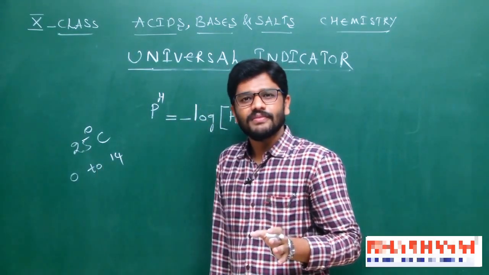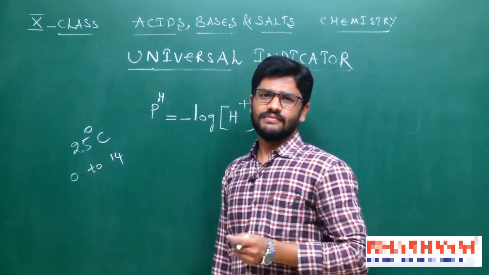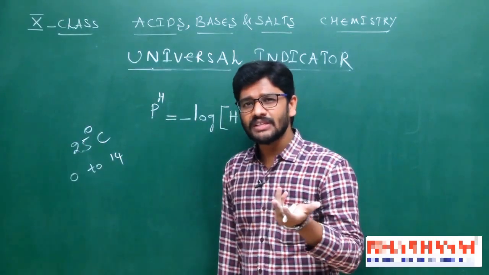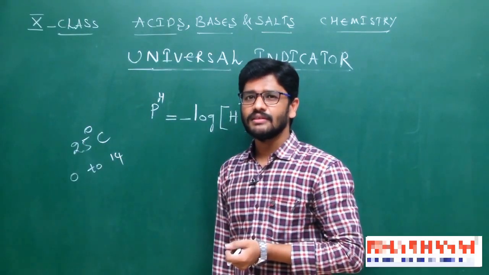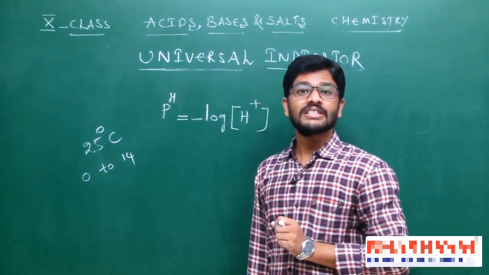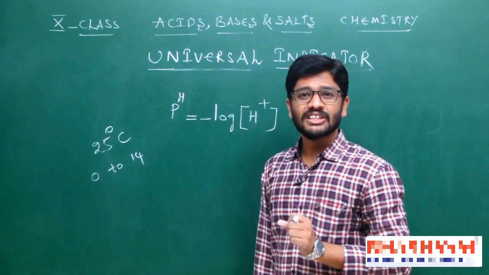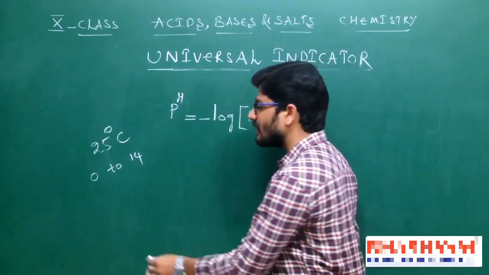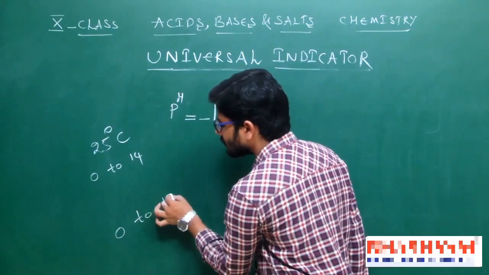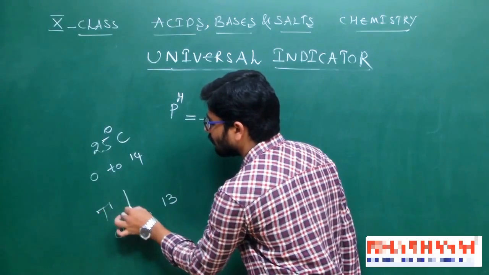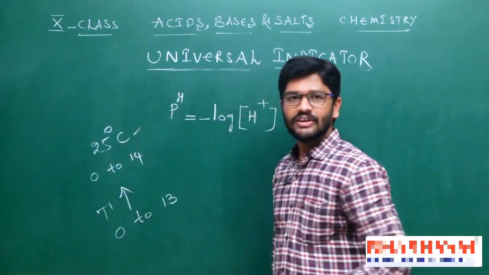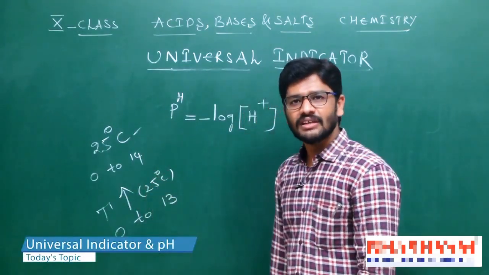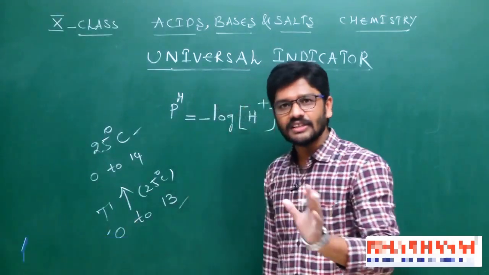Now, if the temperature is greater than 25 degrees Celsius, what will be the pH scale? This time the pH scale shrinks, that is, the pH scale is reduced. Then the pH scale consists of values 0 to 13 only.